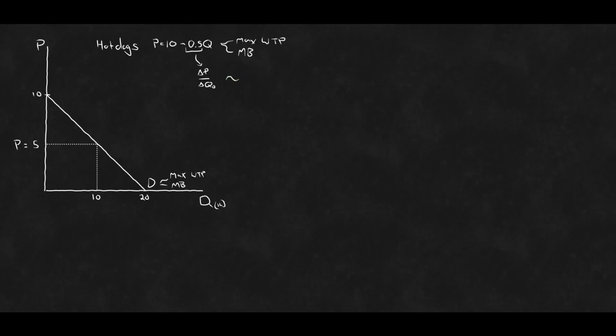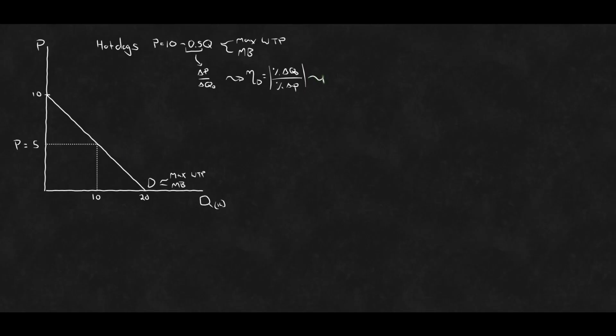What we're often typically interested in, though, is not the slope or the marginal effect, but rather the elasticity of demand, which can be thought of as our percent change in our quantity demanded for some percent change in price. And really what this tells us is how sensitive is our quantity demanded to the price.